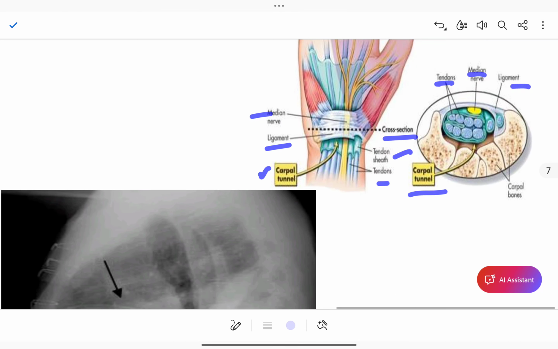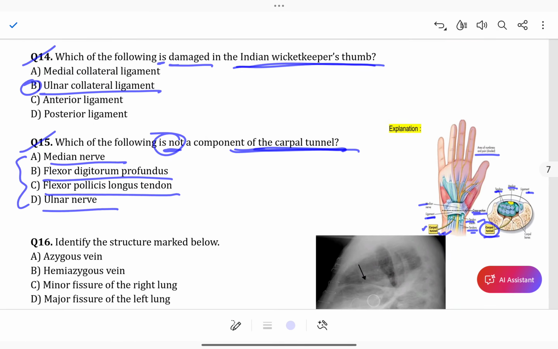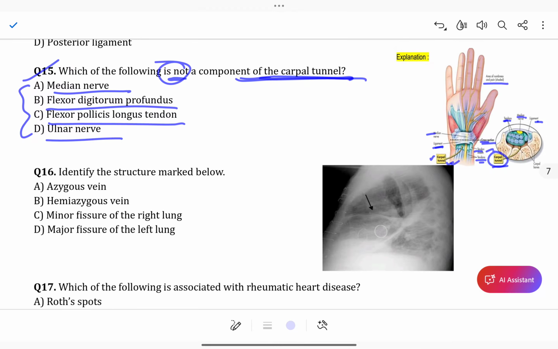Tendon sheath, tendons and ligaments in cross section here. See, tendons, median nerve, and ligament. So for question 15, the answer will be the ulnar nerve. This is not a component of the carpal tunnel.